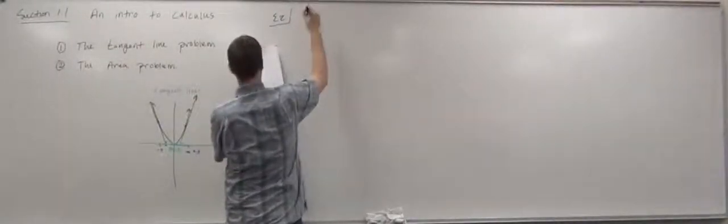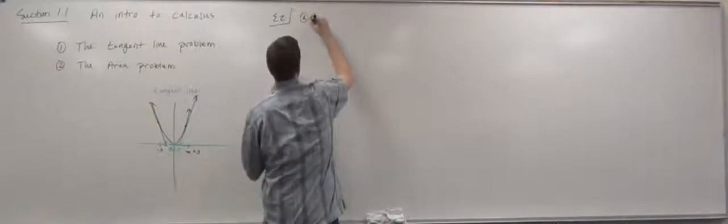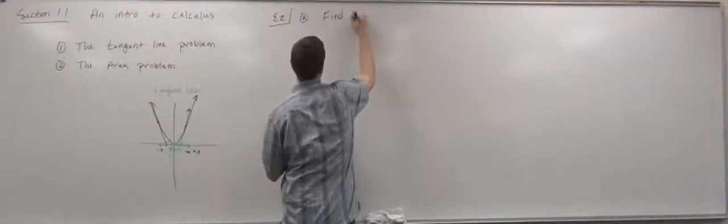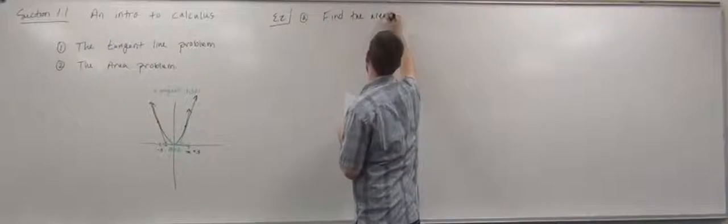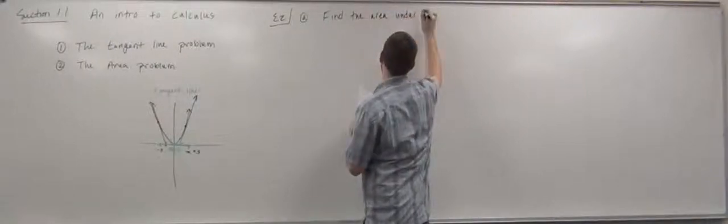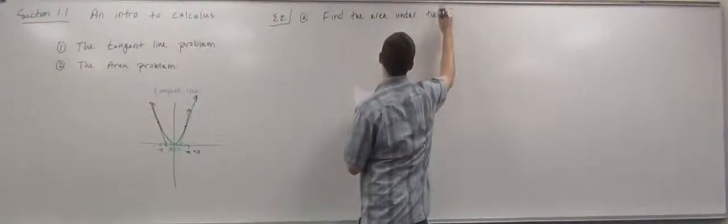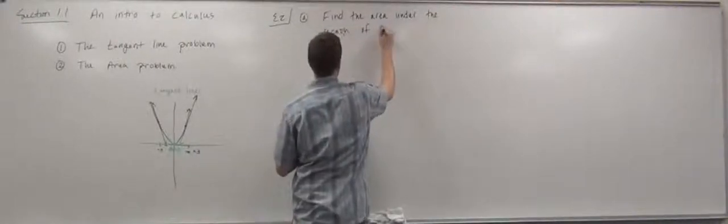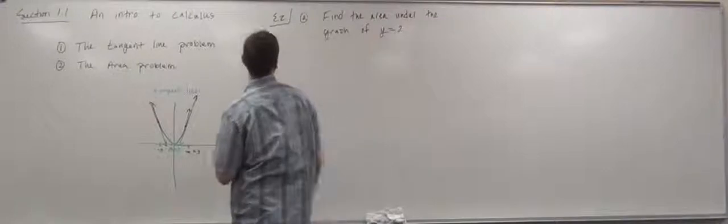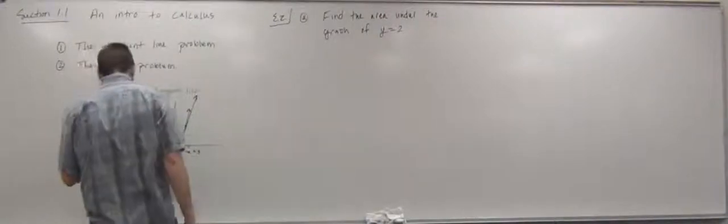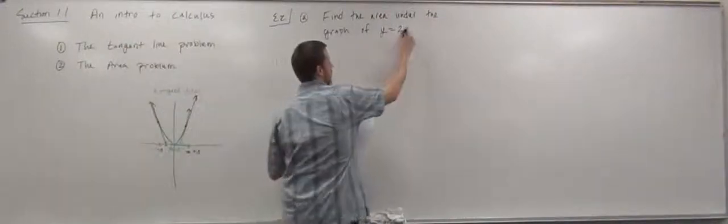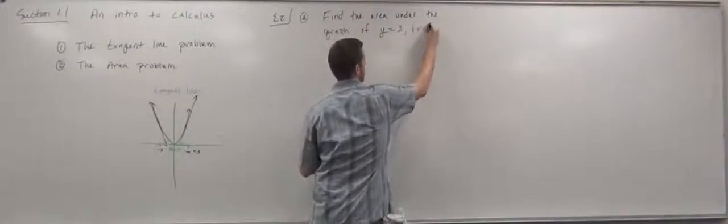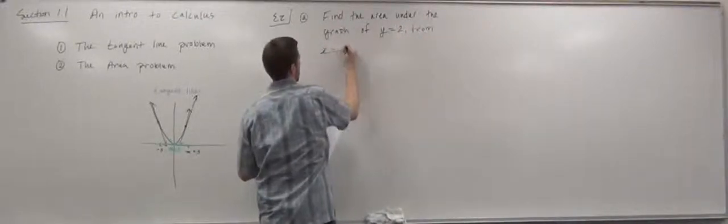I'll do a couple parts. A, find the area under the graph of the line y equals 2. From, I need to give more information than that. From x equals 0 to x equals 1.